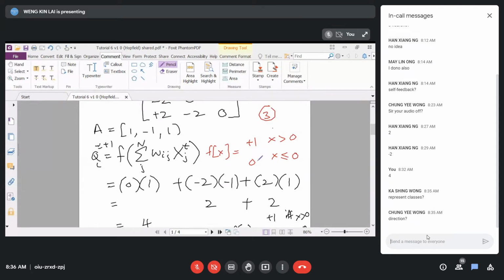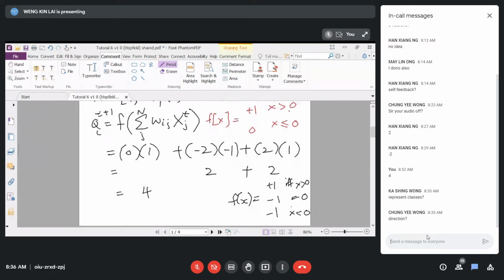Right. So now, Zhongyi, no, it's not direction. Look at this here. Now, what does the nonlinear function do? It does something like this, right? Any value is your input, and this is your output. If your input is over here, you get a 1. Now, what about if the input is here, less than or equal to 0, so somewhere here?